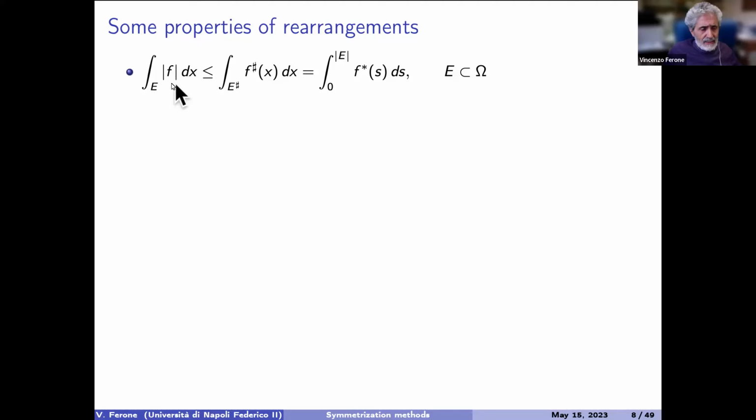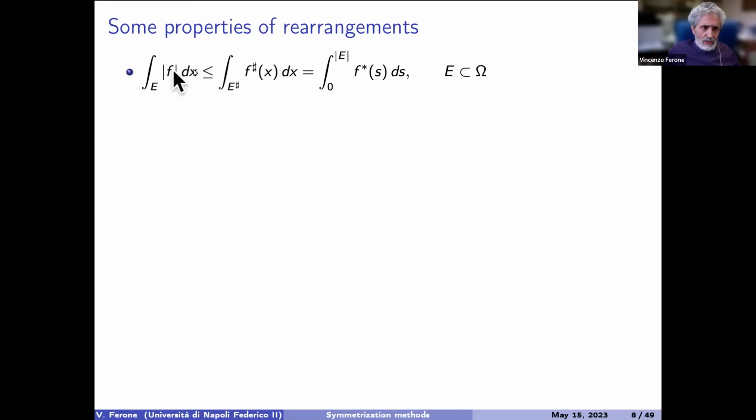One of these is the fact that if I integrate F on a generic set E, E a subset of omega, then this integral increases when I rearrange F in a decreasing way. This inequality is quite obvious in the sense that F sharp concentrates the biggest values in E sharp.